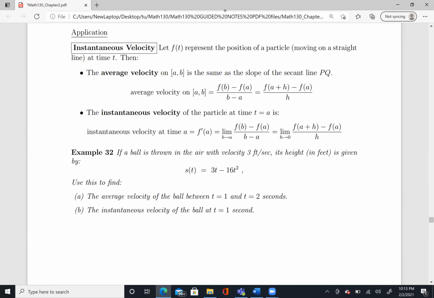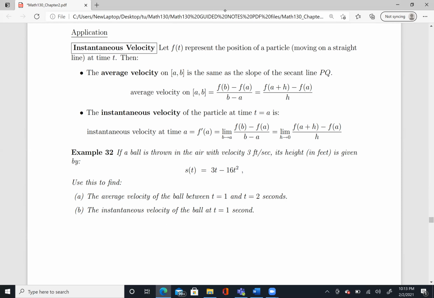Let f(x) represent the position of a particle moving on a straight line at time t. Then the average velocity on the interval from a to b is the same as the slope of the secant line. This is what we learned from the first session.